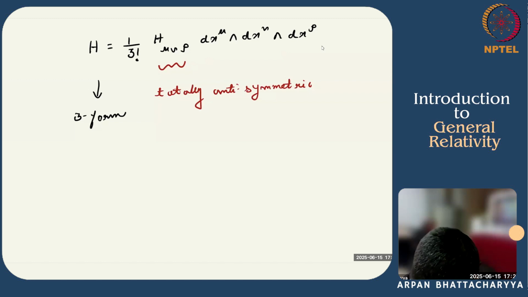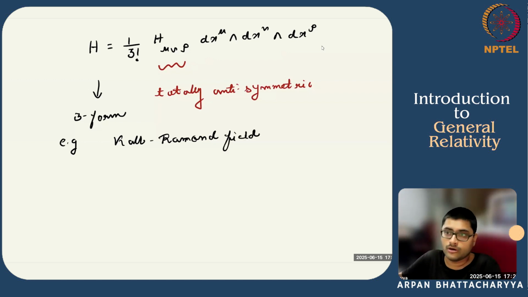So one example of this is something called Ramond field strength that you encounter in string theory. We leave that to you to explore more. And just like the Maxwell case, you know that the Maxwell field strength can be written from the gauge potential A mu, and then you take the derivative of these A mu, then you can construct the Maxwell field strength.